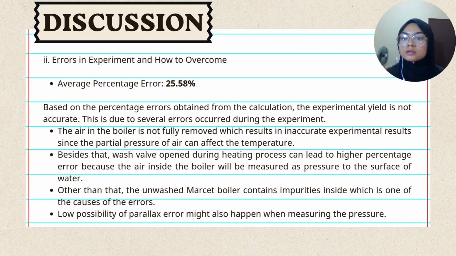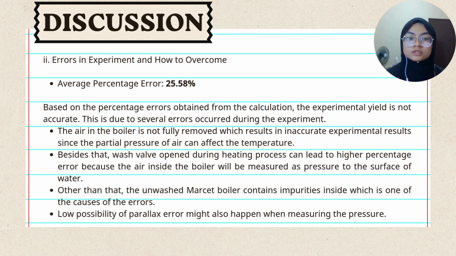Besides that, the wash valve may not have been fully closed during the heating process, which can lead to a higher percentage error because the air inside the boiler will be measured as pressure on the surface of the water. Other than that, the unwashed Marcet boiler can also contain impurities inside, where these impurities can interfere with the temperature and the pressure inside it, so it will cause errors.